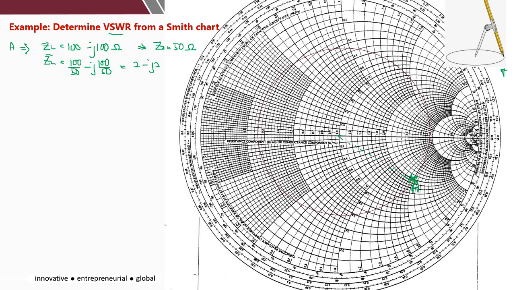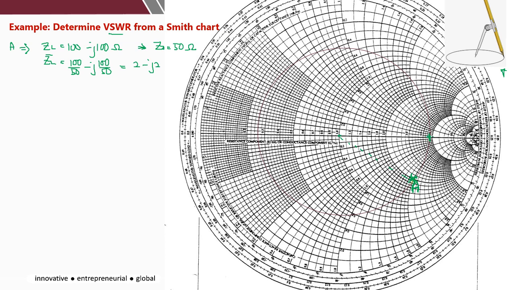The value of the VSWR is the one crossing the horizontal line somewhere here. So it's 4, here is 5, so it's 4.2, 4.5, maybe 6. Okay, so about 4.6.